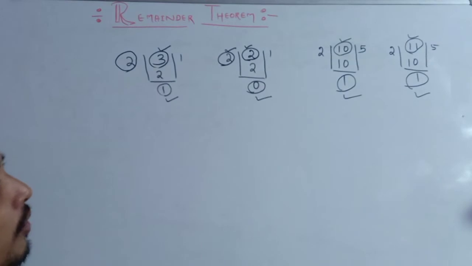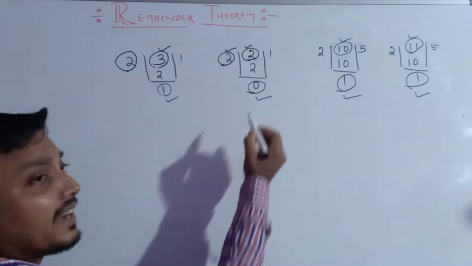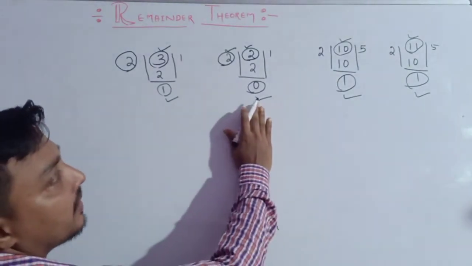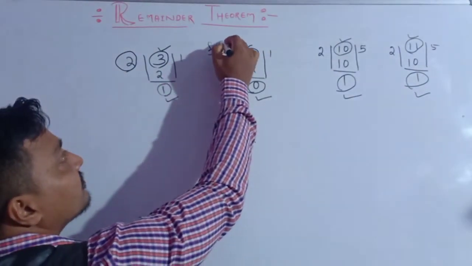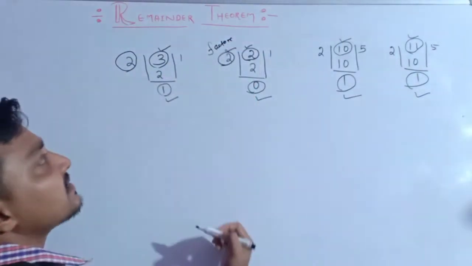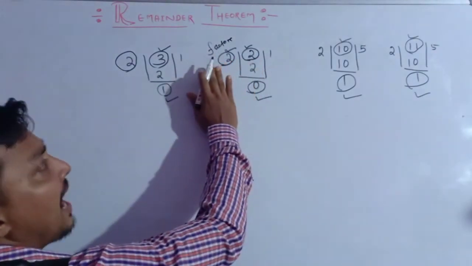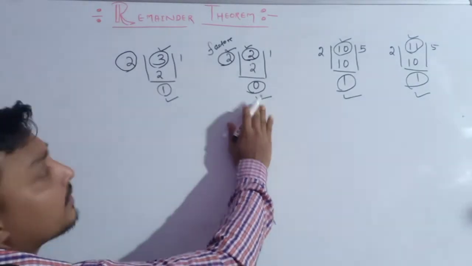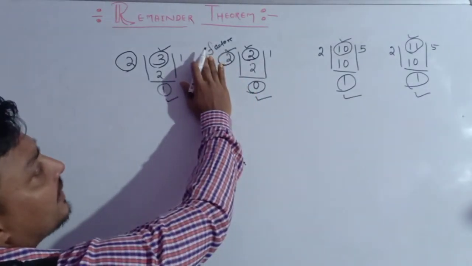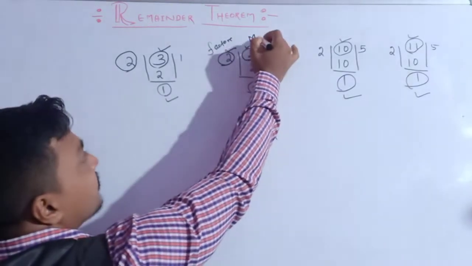Understood? And the same thing was already said to you: whenever the remainder becomes 0, that divisor we can call the factor. When can we call it the factor? Whenever on dividing one number by another number we get the remainder equal to 0, that divisor we can call a factor, and the dividend we can call a multiple.